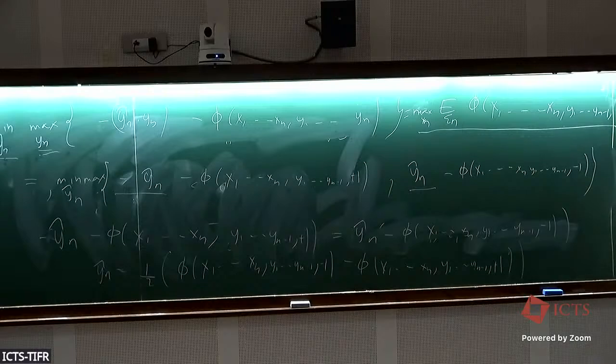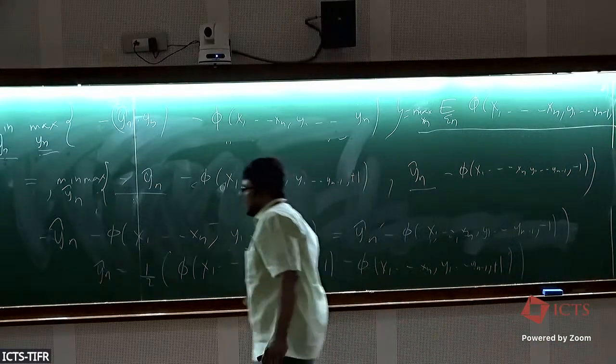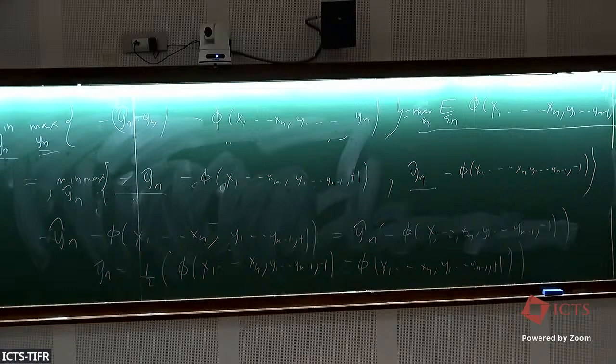Okay? And now essentially what you do to continue the proof is, this was the nth step. Now continue exactly this all the way down from the nth step to the 0th step. And what you would get is the following.